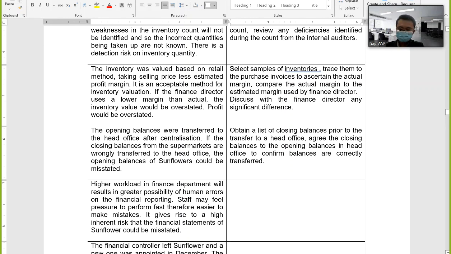The next one, high workload for the finance department will increase the chance of human error. So it gives rise to high inherent risk, because of human mistakes. Lack of experience, human mistakes, things are complex, all these give rise to inherent risk.